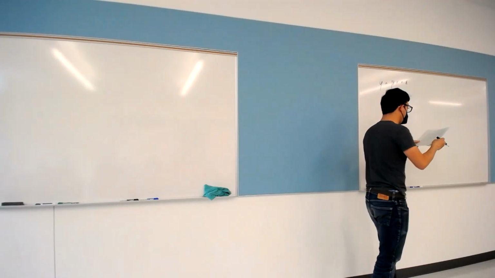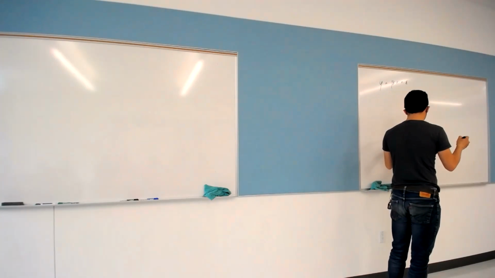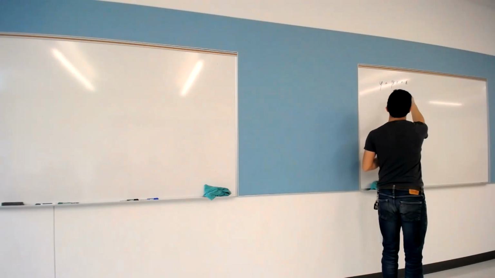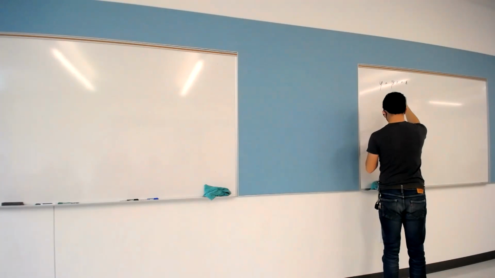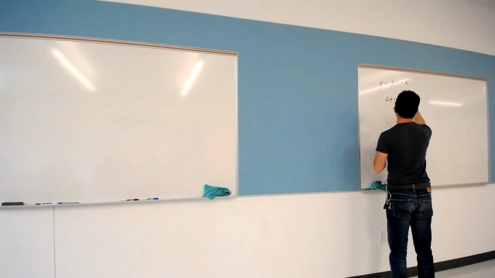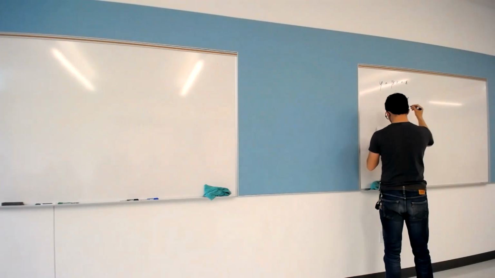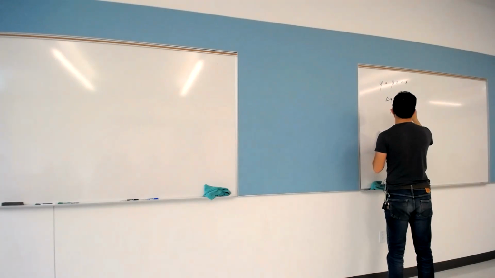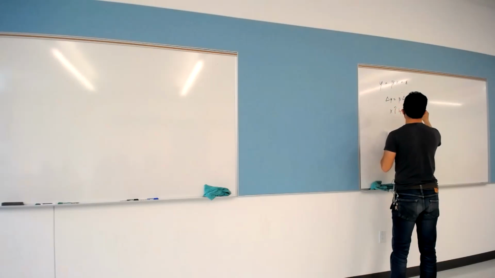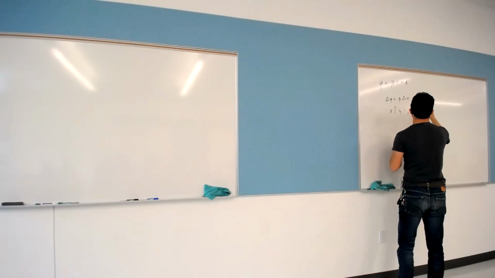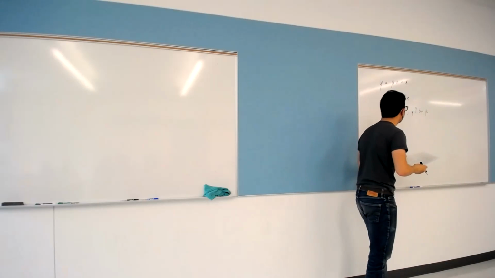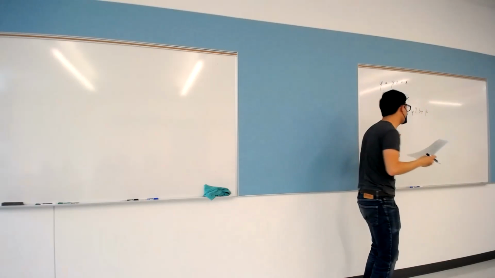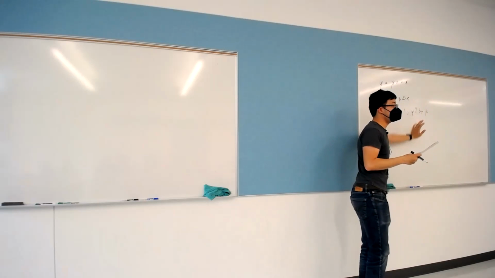So perfect. To get that change, this would be delta y is equal to beta times delta x. The whole idea here is as x goes up by 1, y will go up by beta, or down if it's negative.